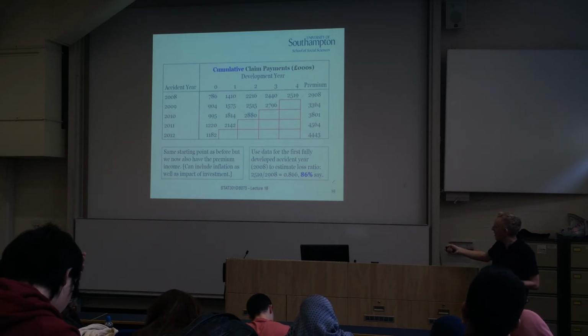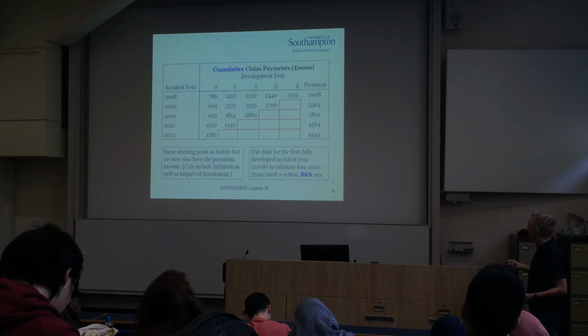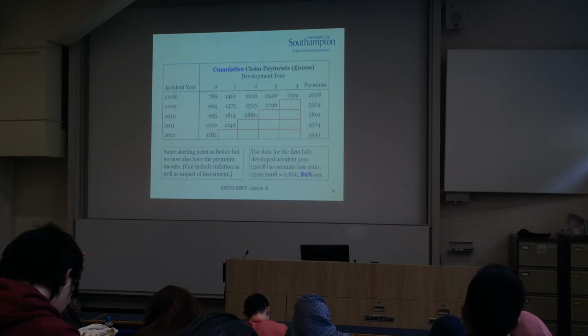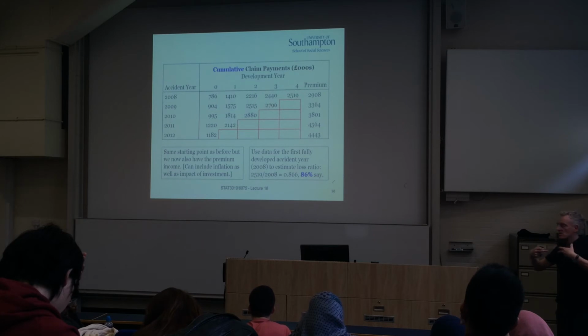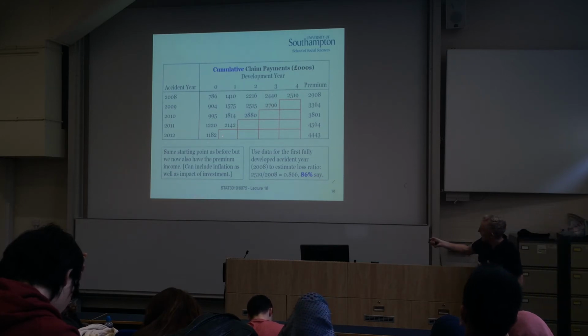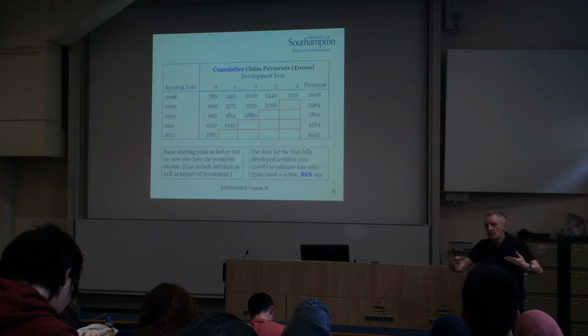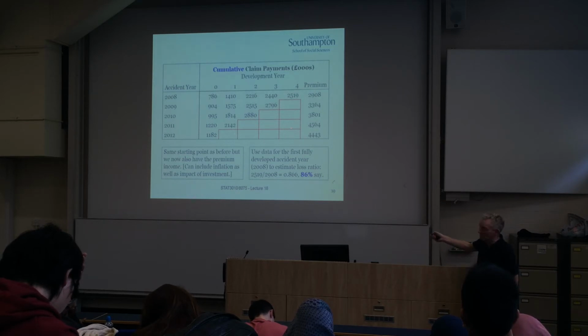So 1 over 3.22 is about 30%. 30% of the claims have been developed by the end of year 0, meaning that another 70% of the claims have yet to be developed. Right, so that's the key.